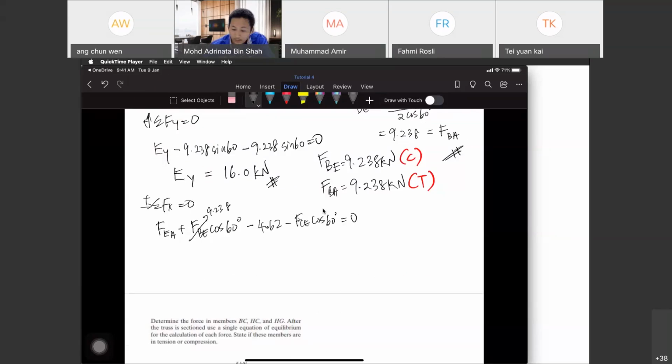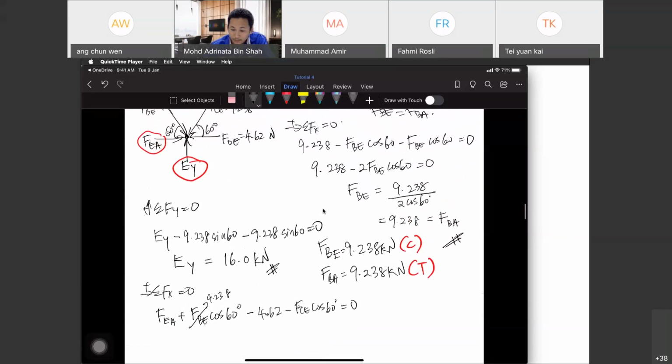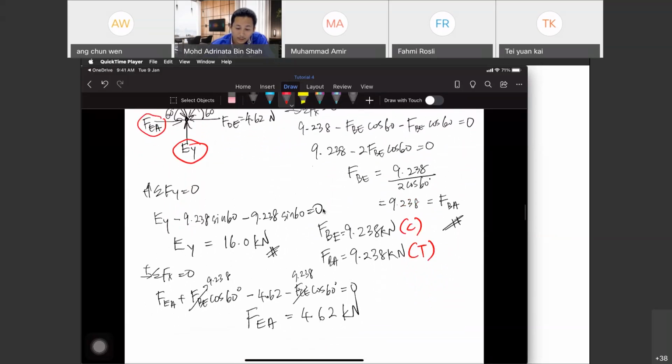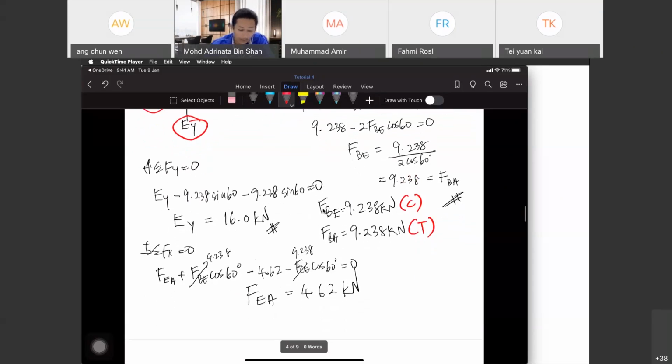FCE is the same, 9.238 kilonewton. So we can solve. FEA is equals to 4.62 kilonewton, and EY is in compression. EY is up there, the reaction force, and FEA is in compression.